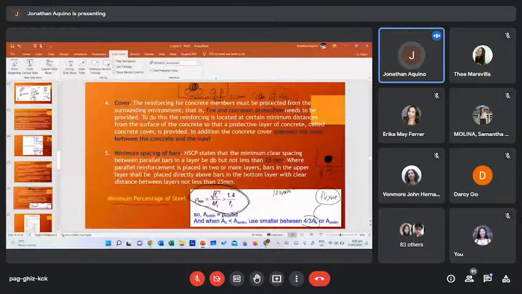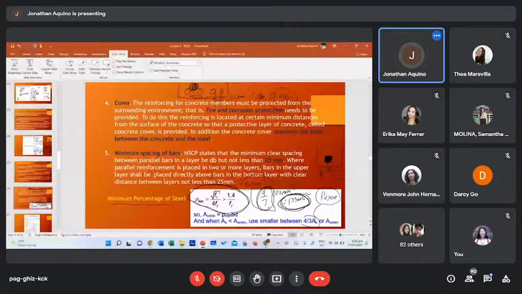So 4/3 of 100 is how much? 4 by 3 times 100 is 133 millimeter squared. So you can violate this one provided na ipo-provide mo is 4/3 ng required AS by flexure. So in this case, 133 millimeter squared is acceptable na area of reinforcing steel.